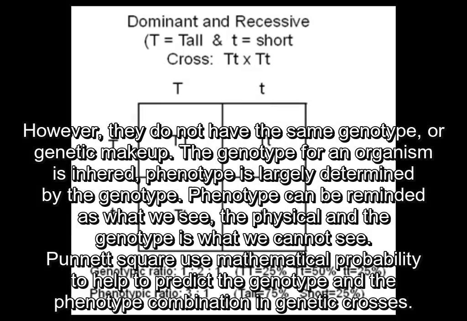The genotype of an organism is inherited, and the phenotype is largely determined by the genotype. Phenotype can be remembered as what we see, the physical, and the genotype is what we cannot see. A Punnett square uses mathematical probability to help predict the genotype and phenotype combinations in genetic crosses.